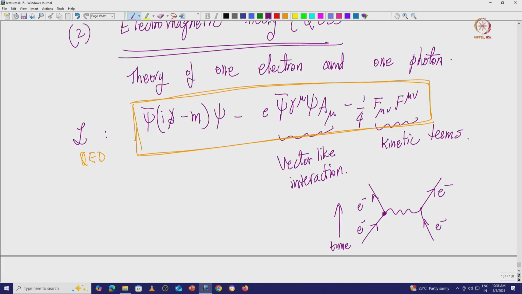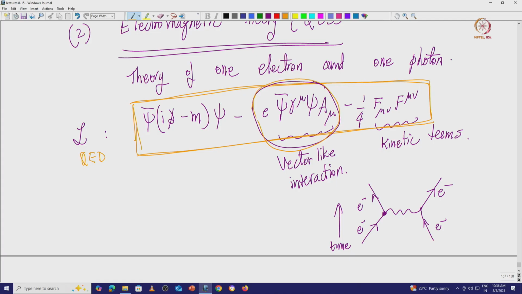So you have a free electron wave function, a part which gives you the electron wave equation, a part which gives you the free photon wave equation, and in between is the interaction part, where you just multiply these wave functions in a Lorentz invariant fashion in terms of currents.